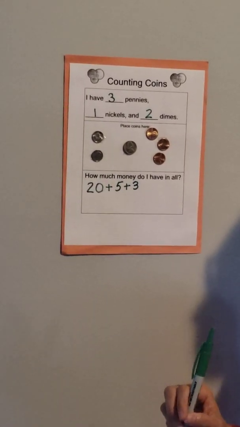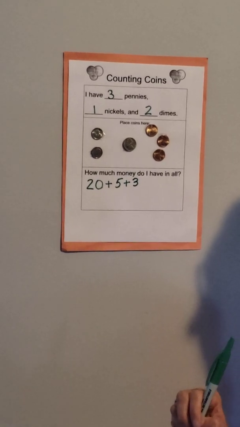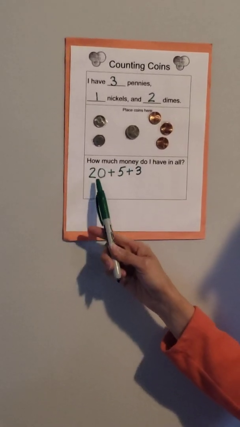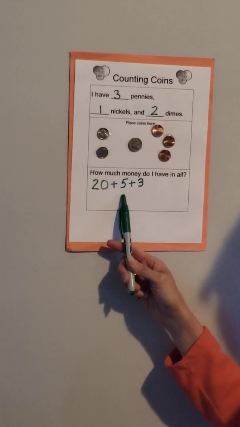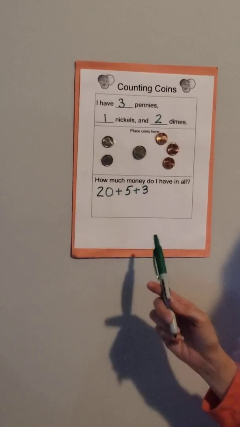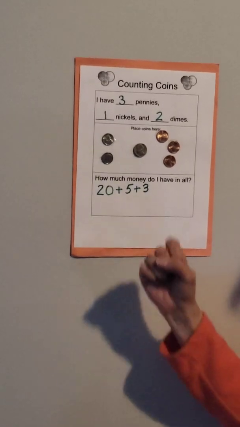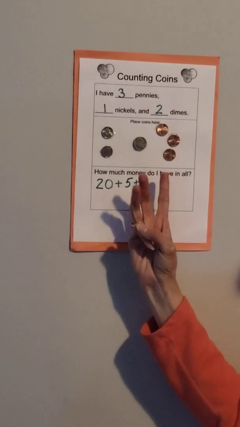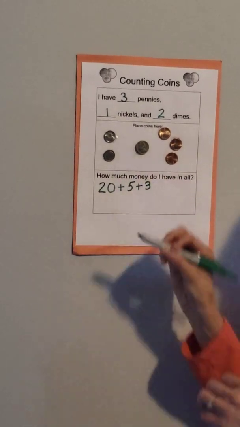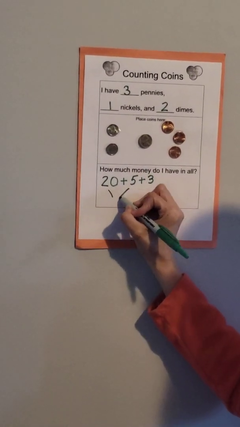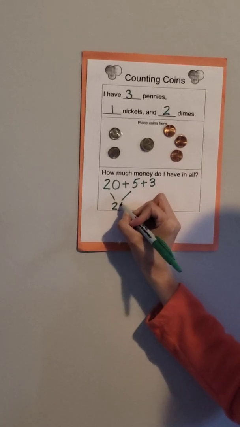Now I'm going to show you 2 different ways you can solve this problem. One way is we can start by adding 20 plus 5. Some of you know the answer to that, but if you do not know the answer, you can use your fingers. 20, 21, 22, 23, 24, 25. 20 plus 5 equals 25.